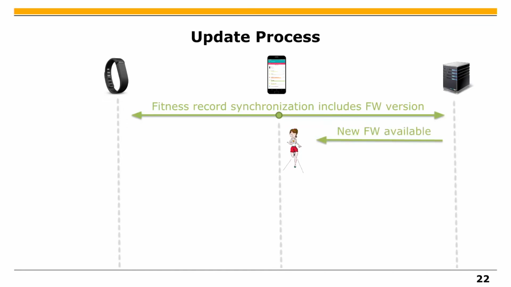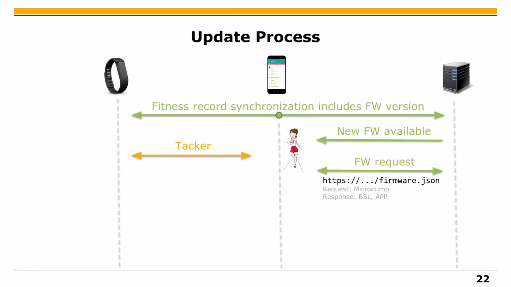But the update process itself is always triggered by the user, so normally you should not be able to just trigger an update, because the tracker needs to be charged and so on, so this is ensured, you just update it yourself. So you tell the tracker, I want you to update, and the app also requests a firmware update from the server, and it just gets a binary, and this binary is then flashed.